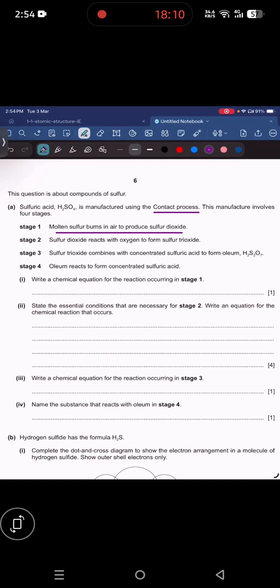Then the sulfur dioxide reacts with oxygen to form sulfur trioxide. Then sulfur trioxide combines with concentrated sulfuric acid to form oleum. Then oleum reacts to form concentrated sulfuric acid. Now, write the chemical equation for stage number 1.